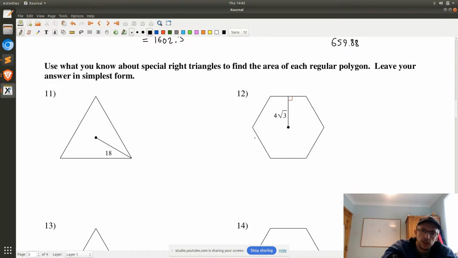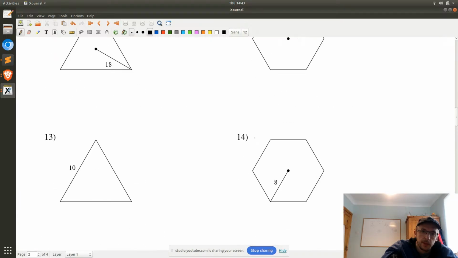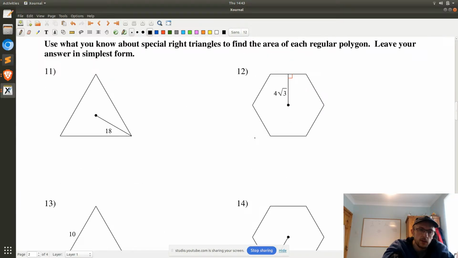Use what you know about special right triangles to find the area of each regular polygon. Leave your answer in simplest form. Okay, so what I know about special right triangles here. Or you could just simply use the formula here.